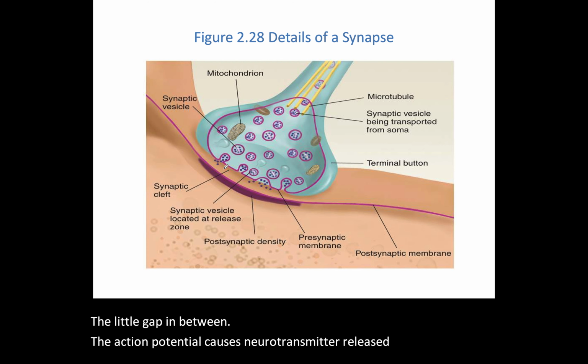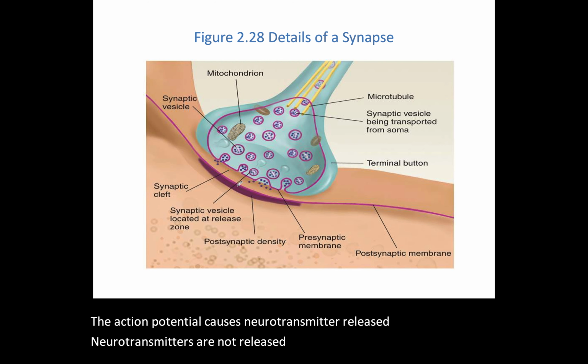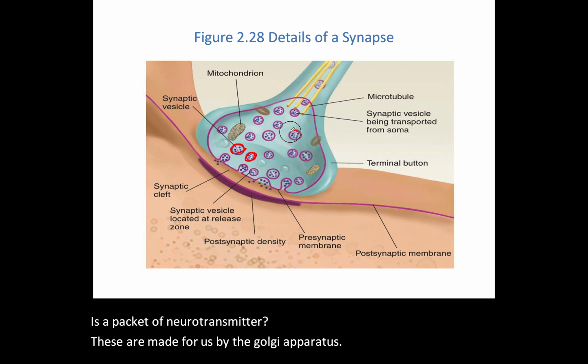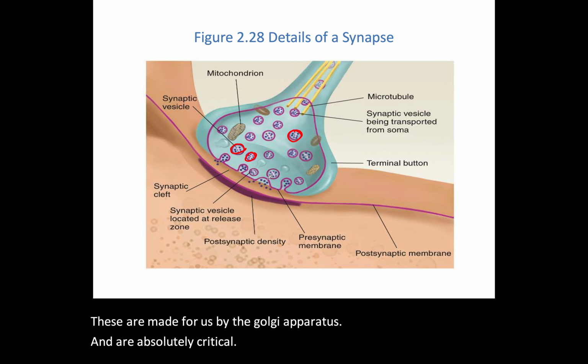Neurotransmitters are not released one molecule at a time. Rather, they are released via vesicles. A synaptic vesicle is a packet of neurotransmitter. These are made for us by the Golgi apparatus and are absolutely critical for communication.